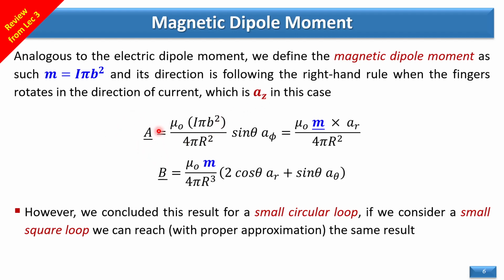The vector potential A associated with this moment has this expression in terms of the magnetic dipole moment, and its magnetic flux density B has this expression.